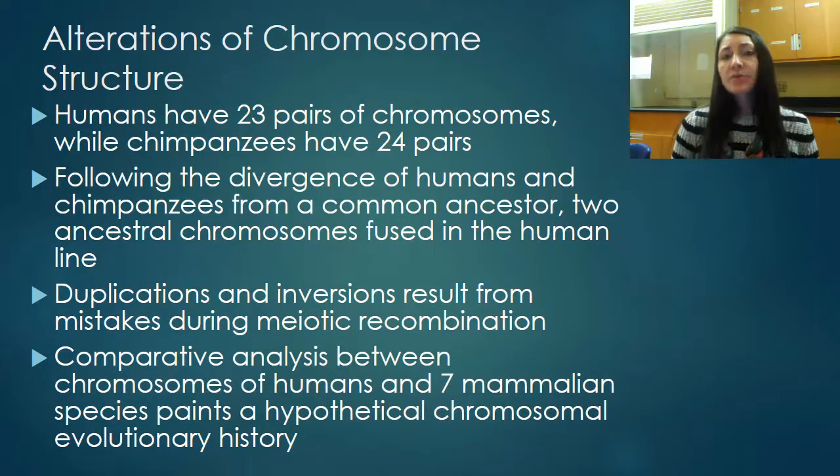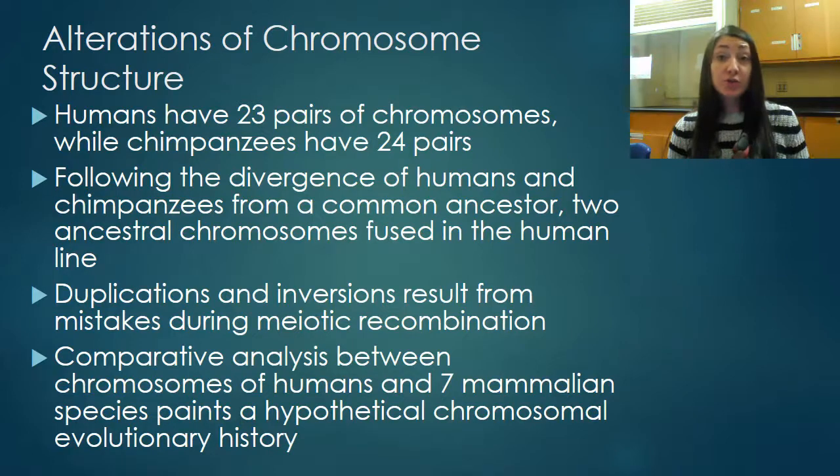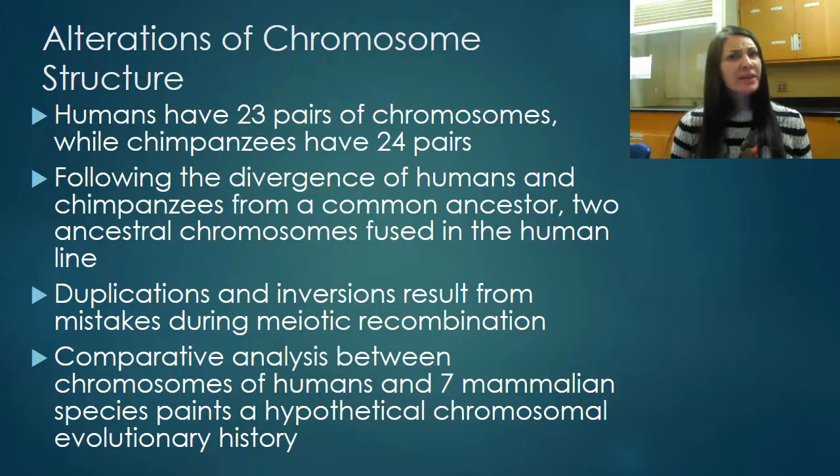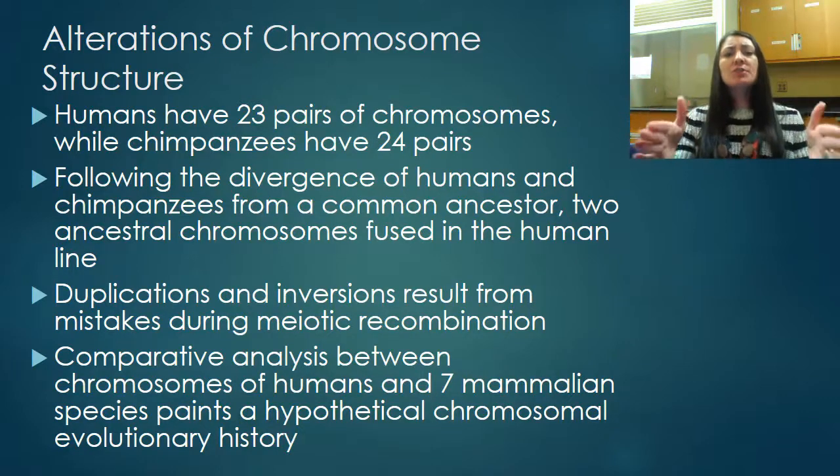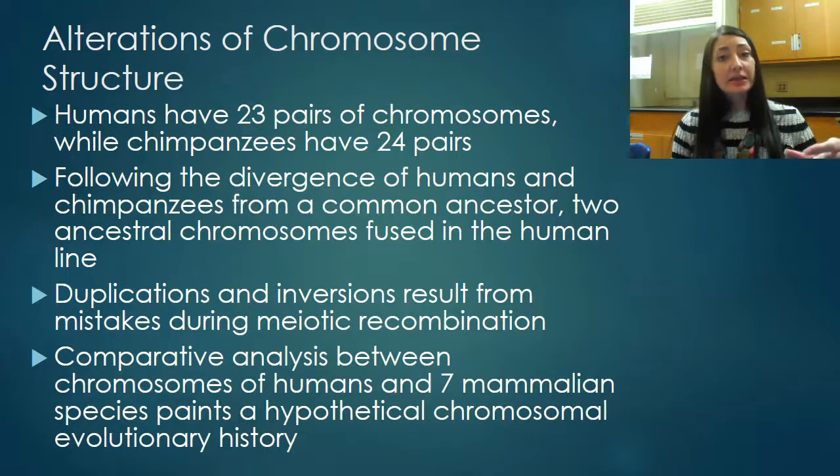We also know that chromosomes can have alterations to their physical structure. An example would be humans and chimpanzees. Humans have 23 pairs of chromosomes, whereas chimpanzees have an extra chromosome and they have 24 pairs. If we were to look at the divergence of humans and chimpanzees from a common ancestor, we see that the common ancestor had 24 chromosomes as well, but in the human lineage, 2 of those chromosomes fused together.